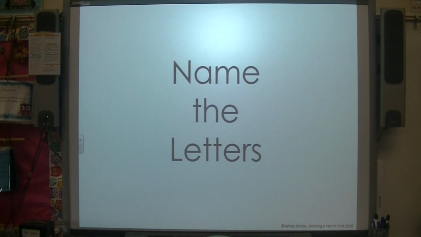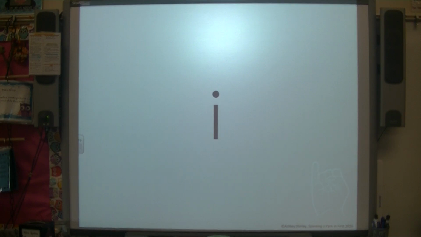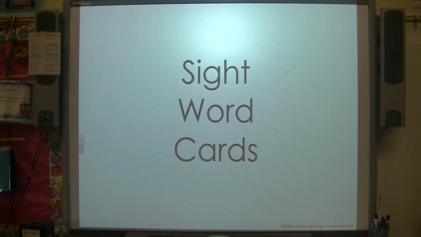Get ready to name the letters. S, I, Y, V, U, C, J, D, O, B, N, K, M, F, R, T, G, Q, E, H, P, X, L, A, W, Z. Sight words.